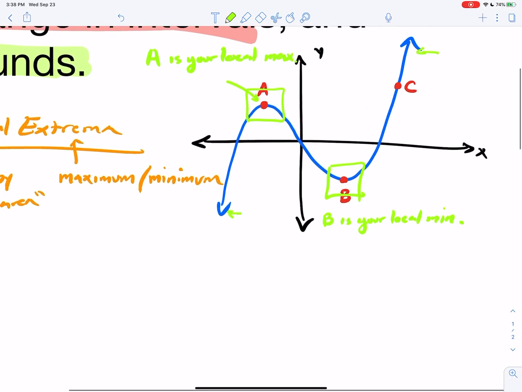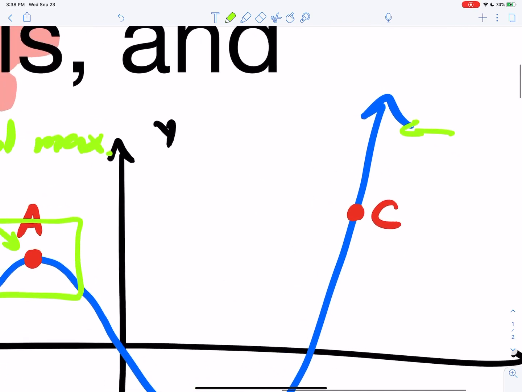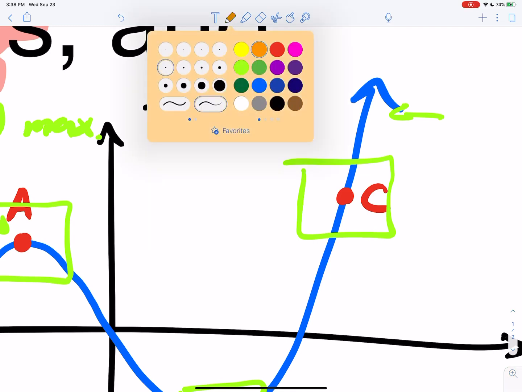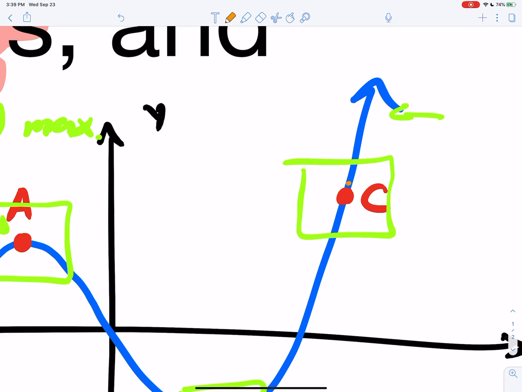Now, if you take a look at C, if you were to just look at it locally, we cannot call C a local maximum because slightly above it, there are higher points. So C is not a local maximum, but also C is not a local minimum because there are points that are lower than it.